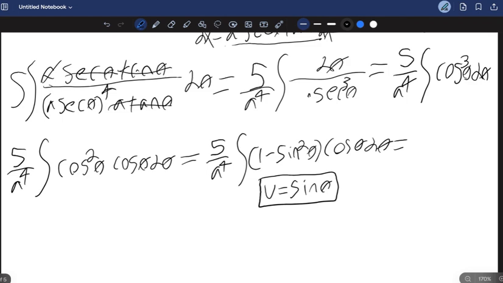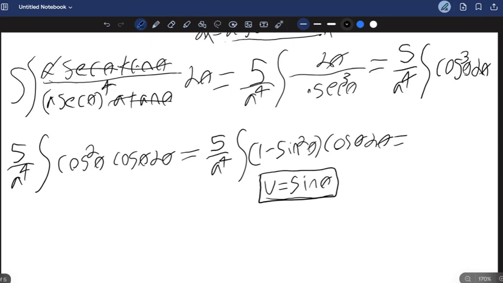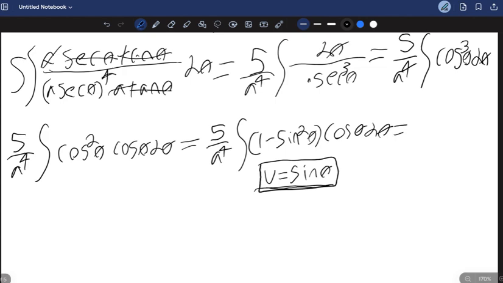And again, this is my truth. This is the founding. I'm saying u is a thing that exists, and I'm saying it exists as sine theta. This is like the rock of u. Like u exists with this. This is one of my truths to make u exist. So I want to keep that in mind. And du will be cosine theta d theta.